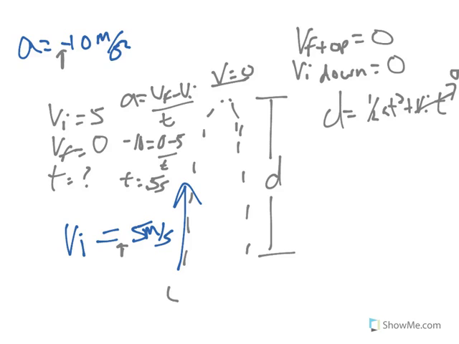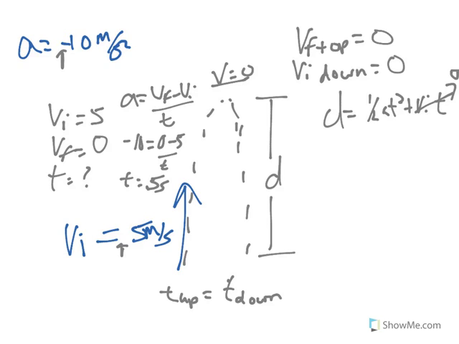So time up has to equal the time down. Alright, so it's much easier to figure out the distance it falls if we use the initial velocity on the way down is equal to 0.